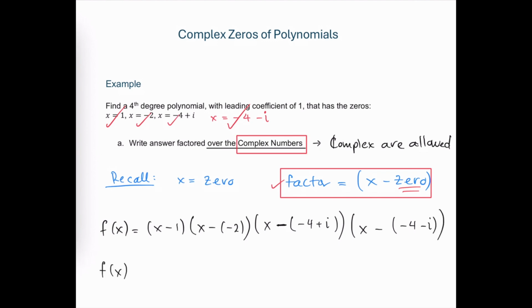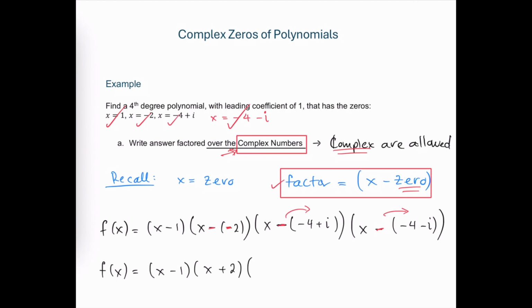Since we've been asked to factor over the complex numbers, it's okay to have imaginary numbers in the factorization. But one thing we do want to do to clean this up a little is distribute these negatives into these parentheses, and also call minus a -2 positive. This last step is just a small cleanup step. This will be x plus 2.